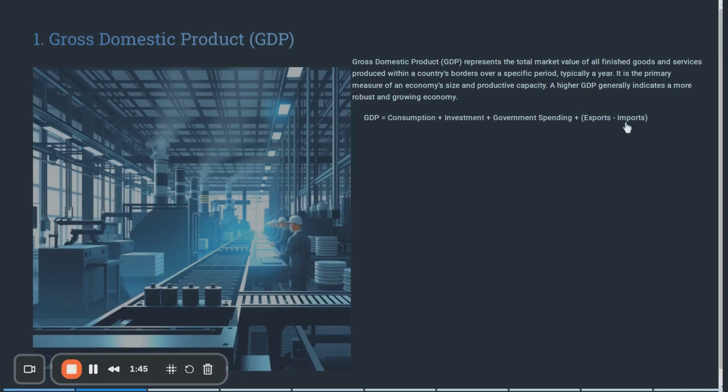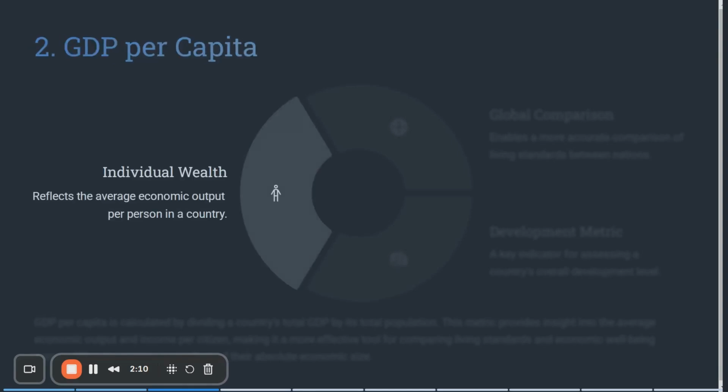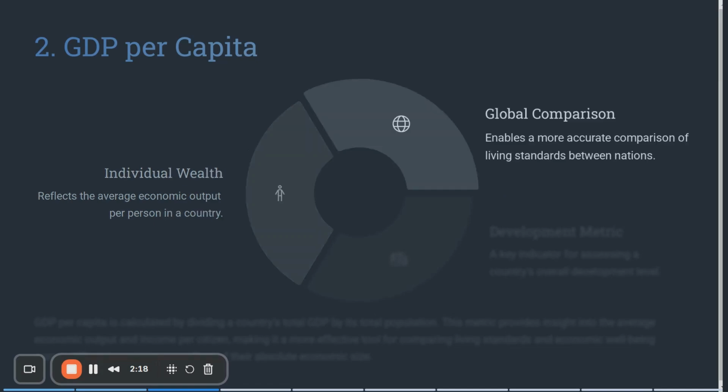GDP per capita, gross domestic product per capita. It is an indicator used to calculate individual wealth, referring to the average economic output per person in a country. Global comparison enables a more accurate comparison of living standards between nations.